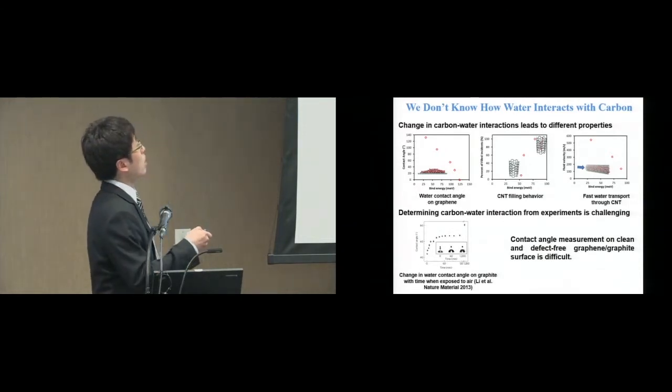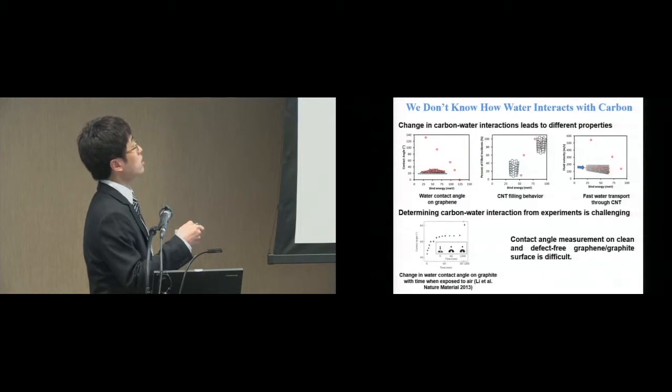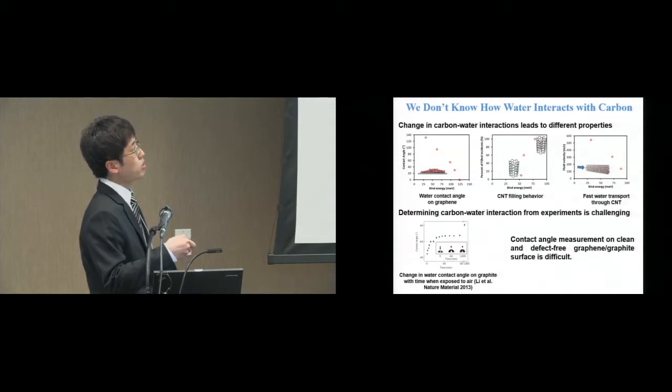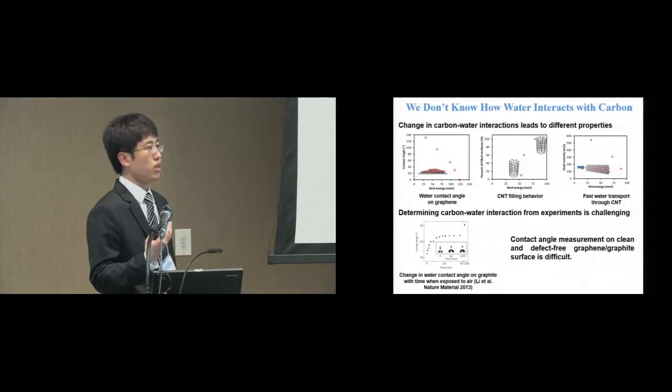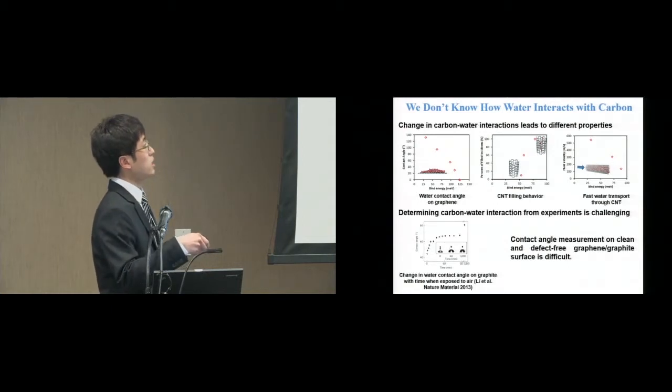For example, the graphene surface can be predicted to be anywhere from pretty hydrophobic to super hydrophilic, and the carbon nanotube can be filled by water at one binding energy, while it's not wetted at all at another. The water flow rate through the carbon nanotube can change by a factor of 3 at different binding energies.